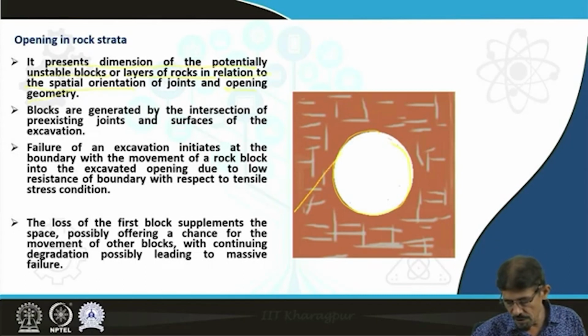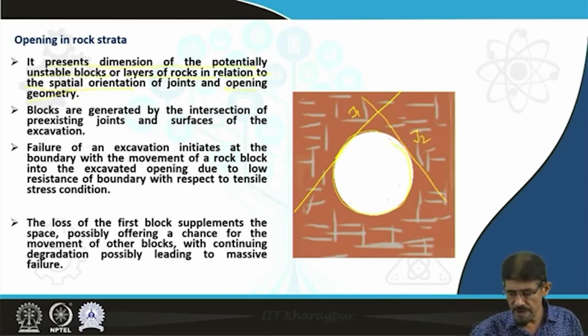If this is joint set J1 and this is joint set J2, due to intersection of J1 and J2 along with the surface of the opening, there is a formation of blocks.